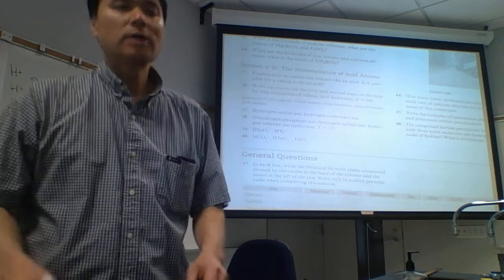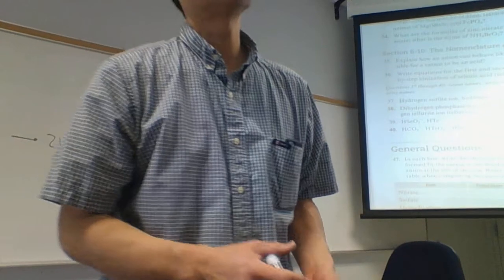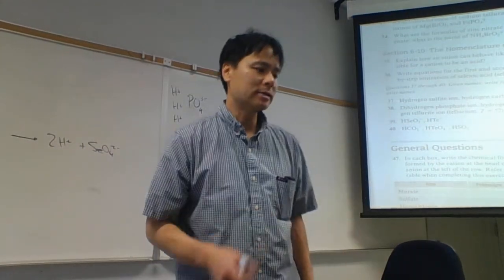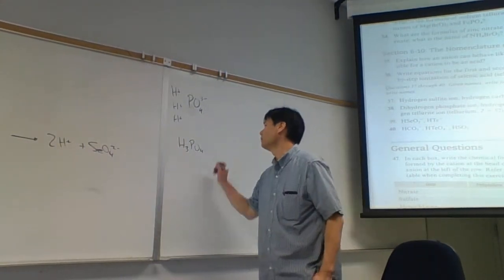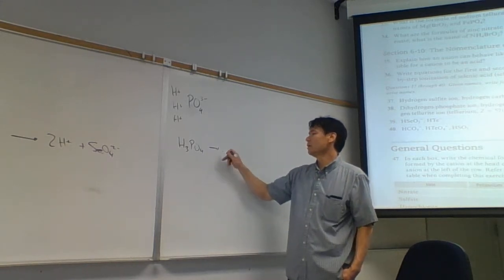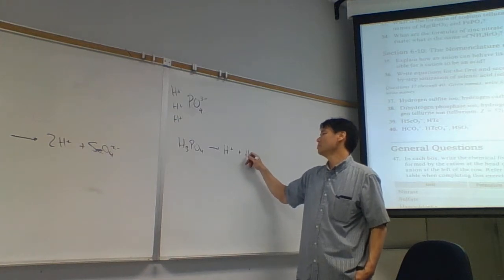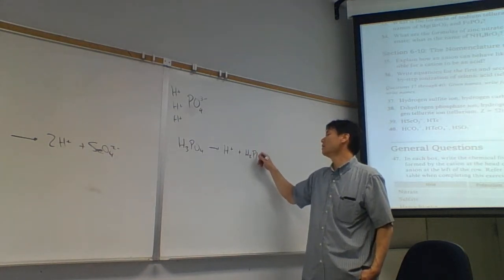When phosphoric acid reacts as an acid, the 3 hydrogen ions don't all break off at the same time. They break off one at a time, and this is the step-by-step ionization. The first hydrogen ion breaks off, and we're left with 2 hydrogens still stuck on there.